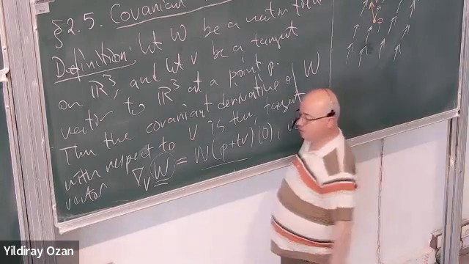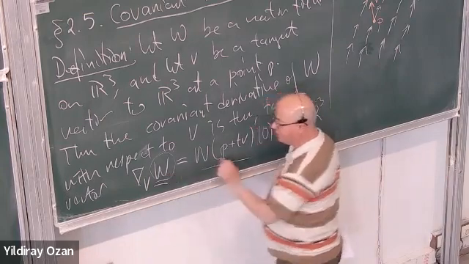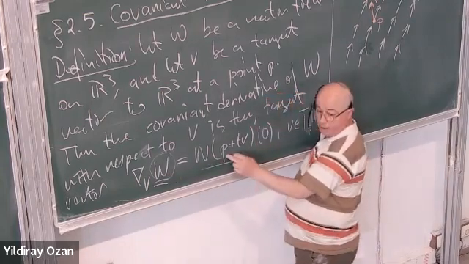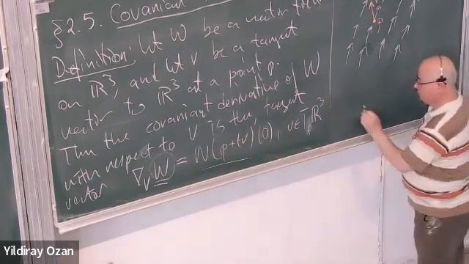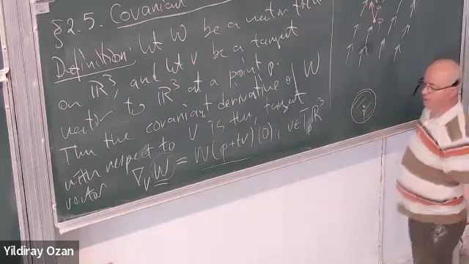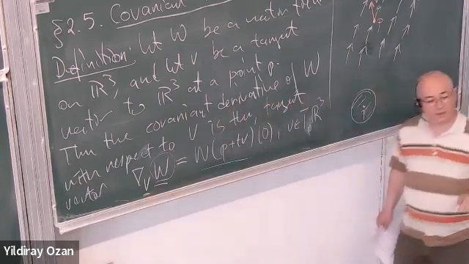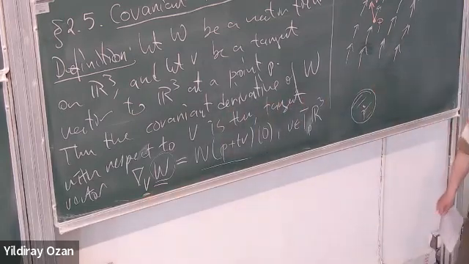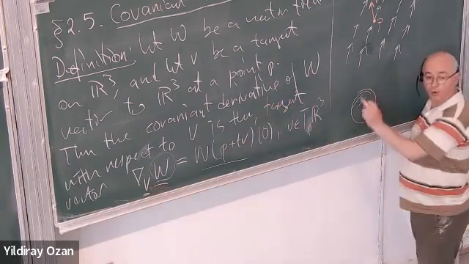The thing is that to define this derivative, I need this gadget to be defined not only at the point P, but in a neighborhood containing that point. But for the direction along which we take the derivative, I don't need V to be defined on a whole neighborhood.